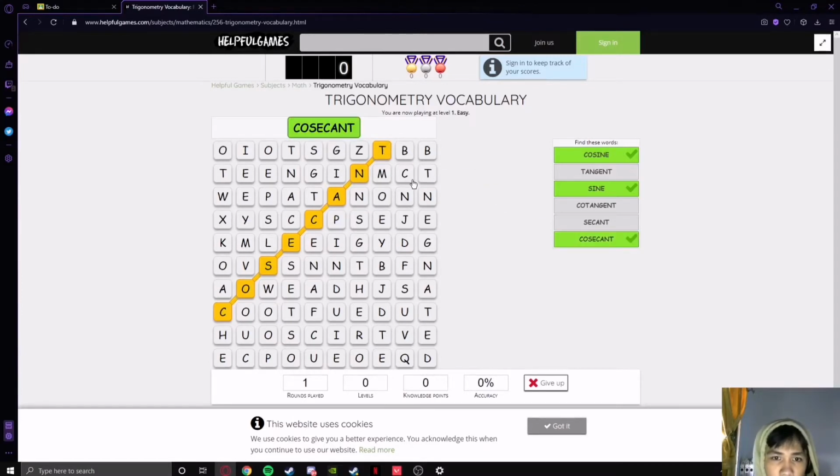So we already found cosine. Tangent. Oh no, wait, it's cotangent. That is our fourth word. Oh, sorry. Cotangent. After that, we look for tangent. So tangent is here.